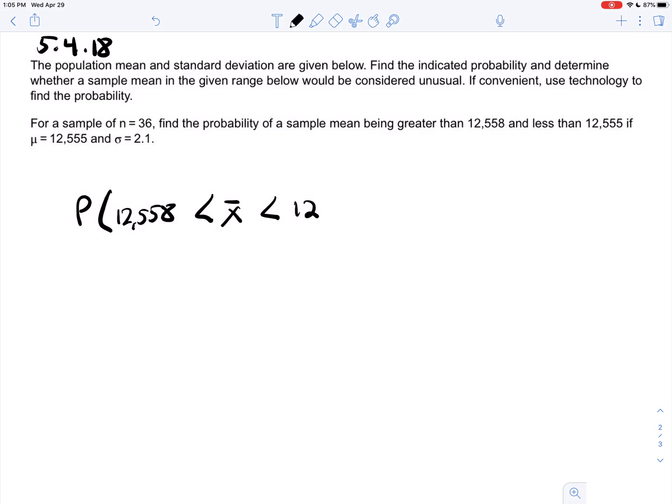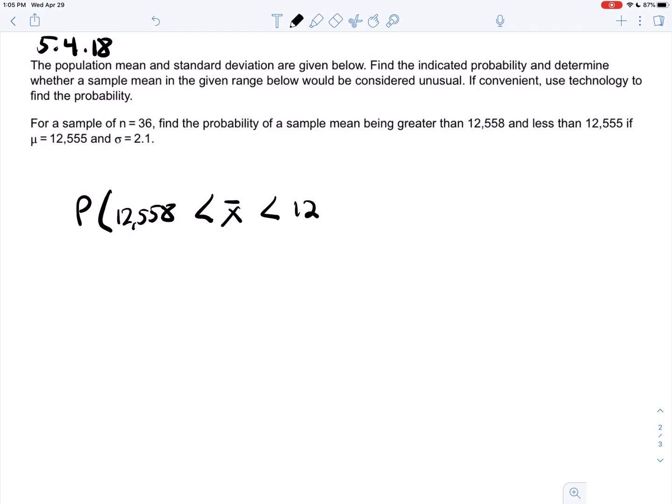Am I missing something? Being greater than. How is a larger number to the left? Otherwise, it should have a probability of 0. Find the probability of sample mean being greater than 558 and less than.